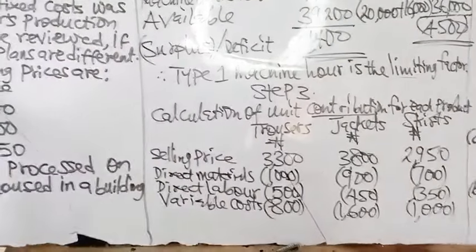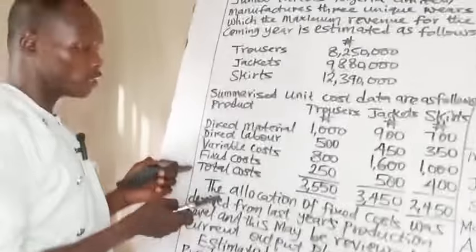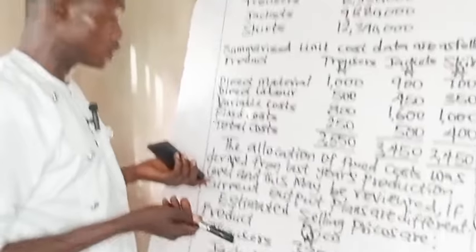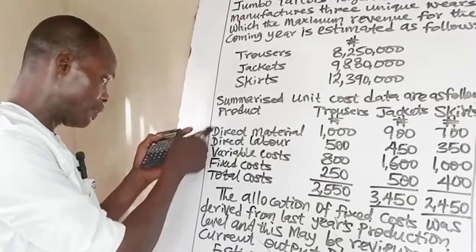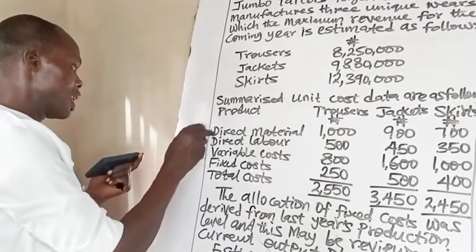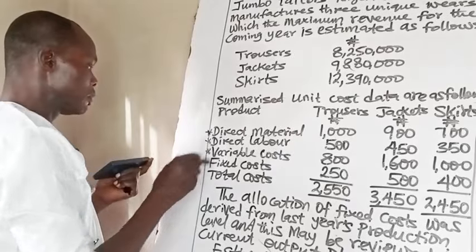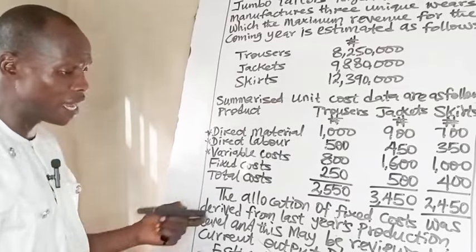So the next item is fixed cost. And remember, fixed cost is not to be considered since contribution is selling price less variable cost. These 3 cost elements are variable in nature, so fixed cost will be excluded.